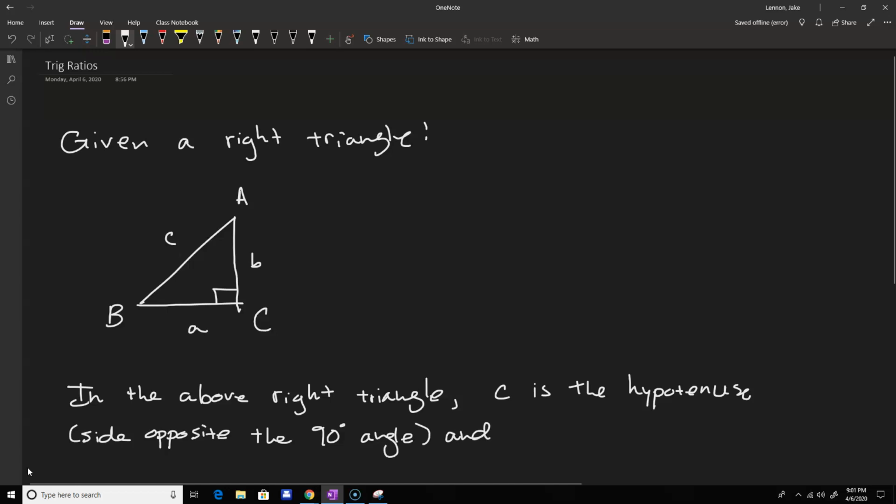And A and B are the legs, meaning that they are the two shorter sides.